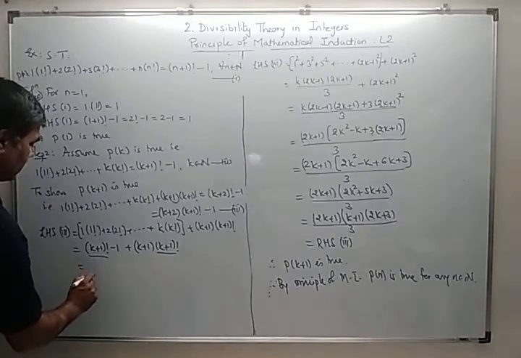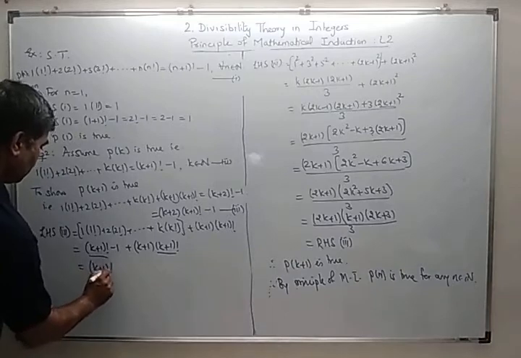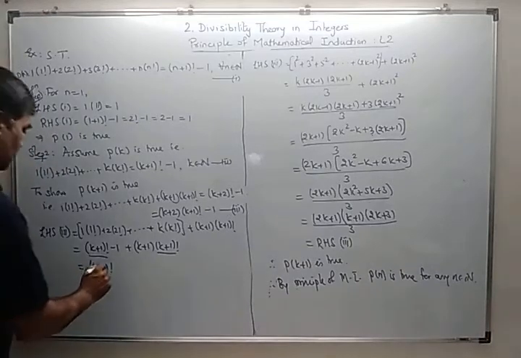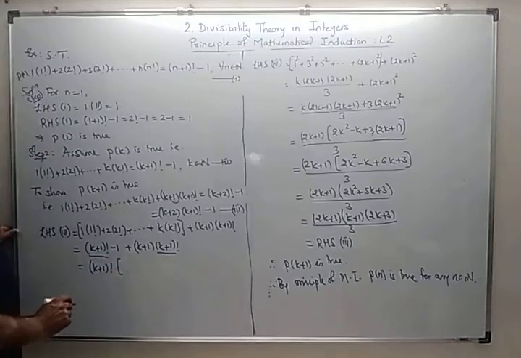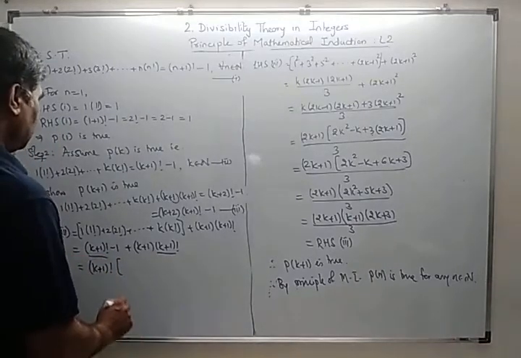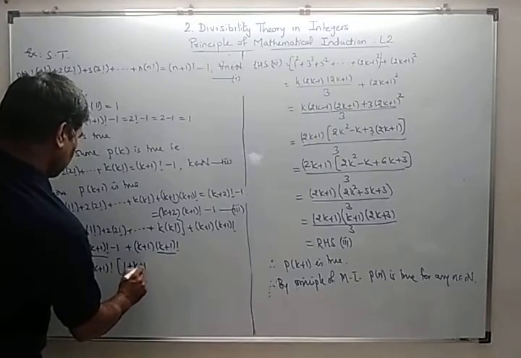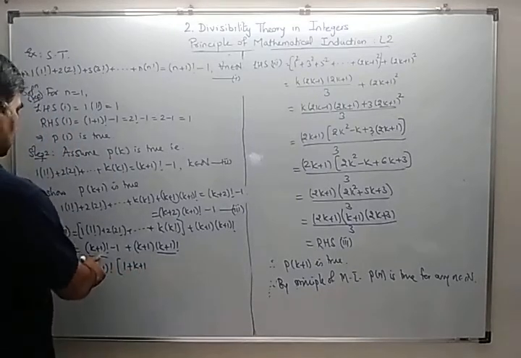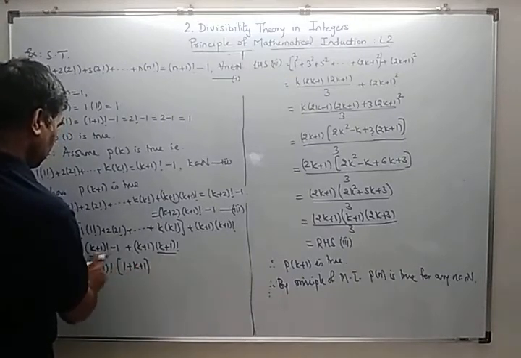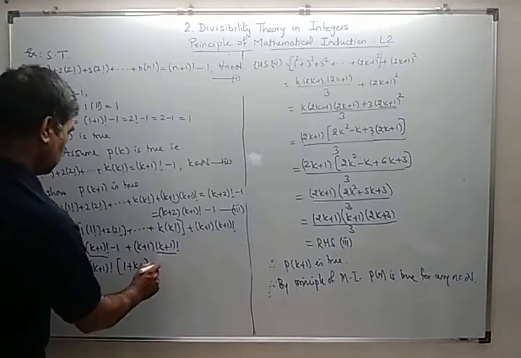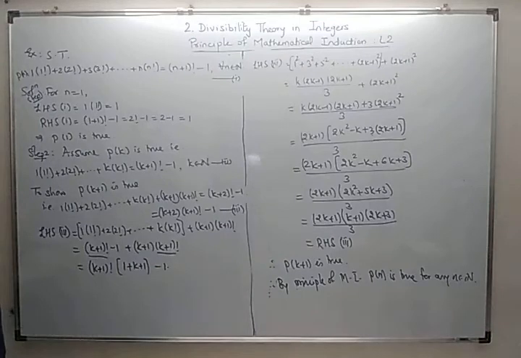We'll get k plus 1 factorial in bracket 1 plus k plus 1. From this k plus 1 factorial is taken outside, and this minus 1 as it is.